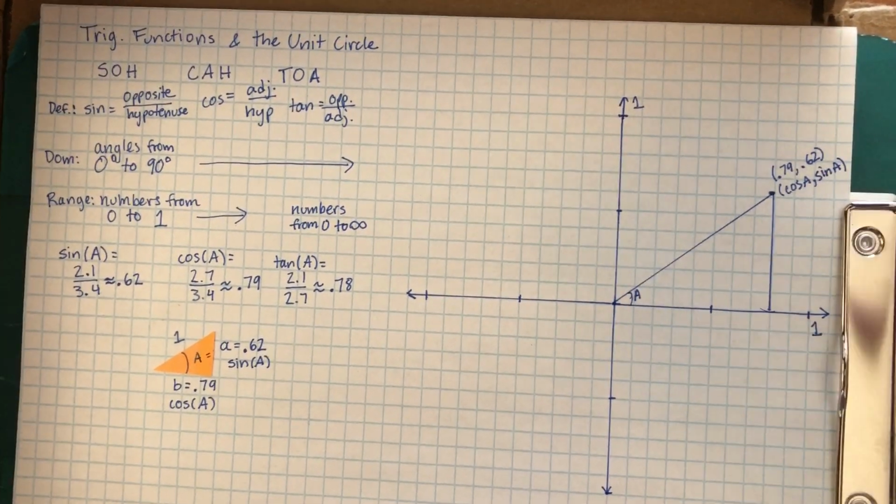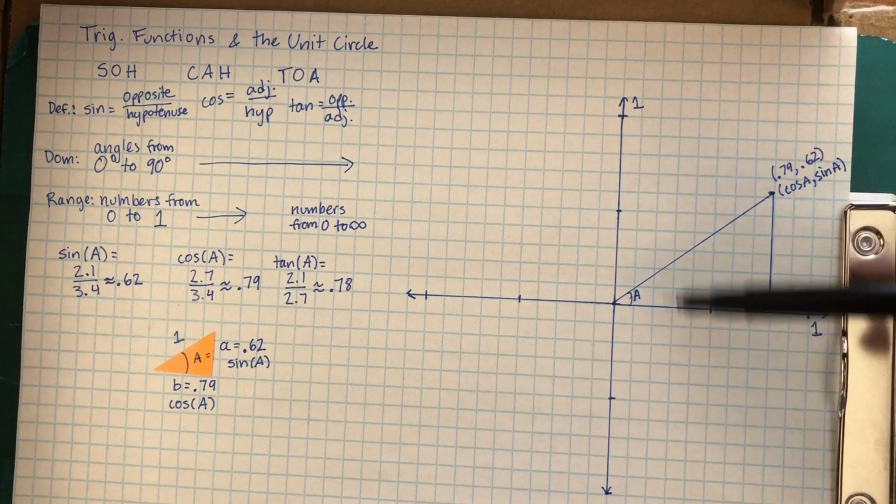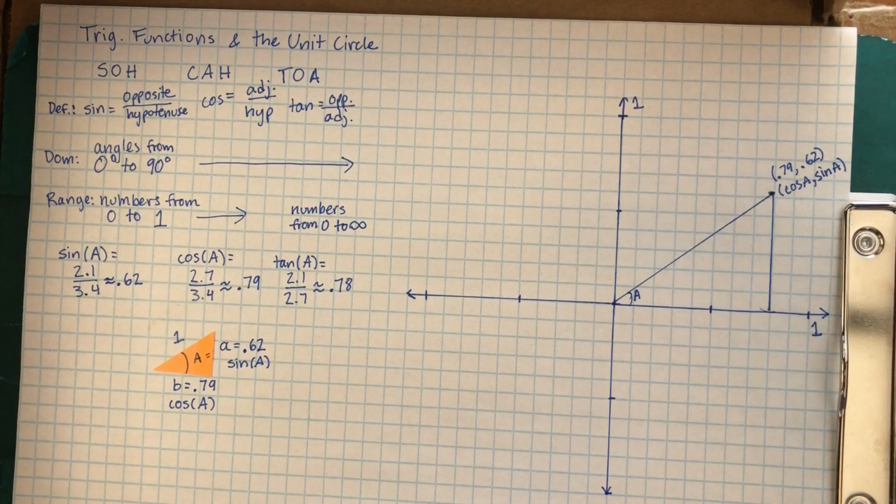Okay. I'm going to draw other triangles like this for a few different angles. But we know that for what we're starting with here, all those angles are going to be between 0 and 90 degrees. So why don't I do one that's 45 degrees?